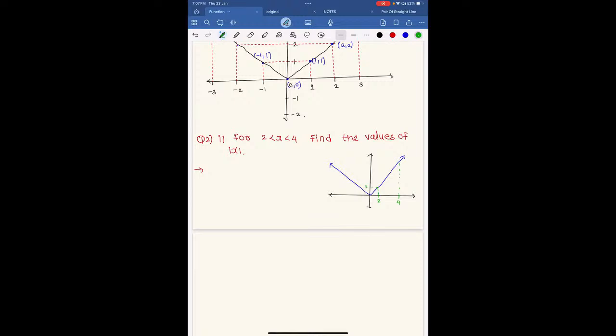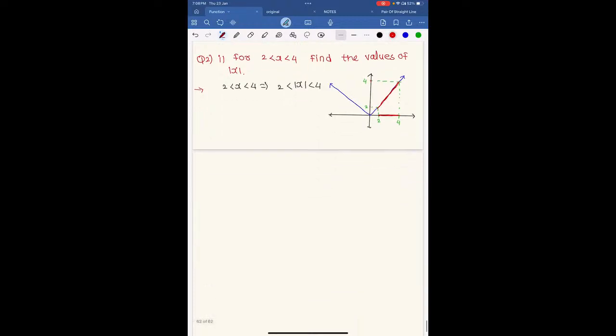This value is 2 and mod of 4 पण 4 येणार आहे. सो ज्यावेळेस x 2 to 4 मध्ये लाई करतोय, सो mod of x च्या पॉसिबल व्हॅल्यूज कुठे कुठे लाई करताय? सो लाई करताय अगेन 2 to 4 मध्ये. Okay, so 2 less than x less than 4. So this will imply mod of x is also lies between 2 to 4. Now second one.